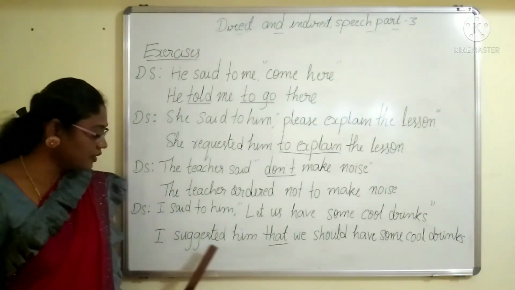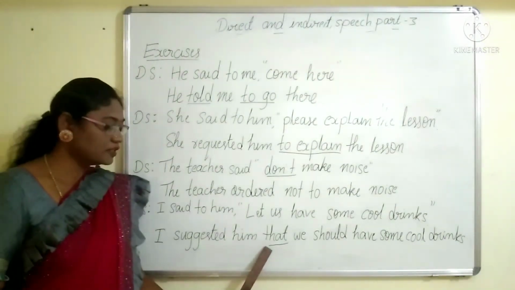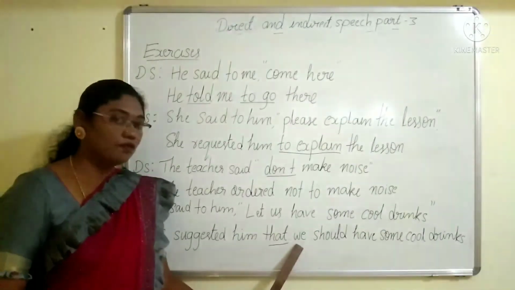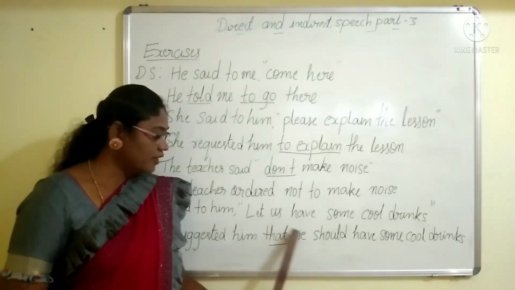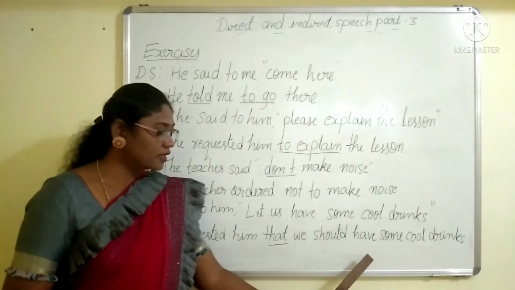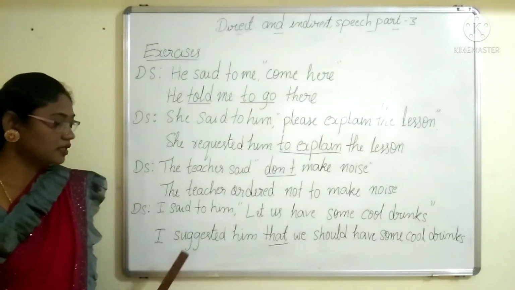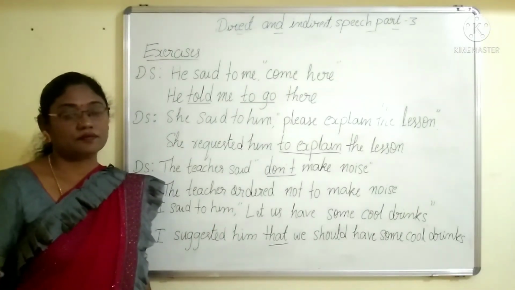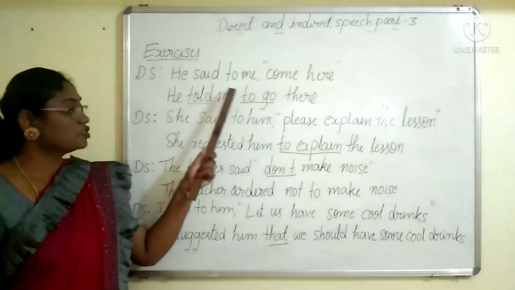Okay. So here the changing part is, I used suggested, then the joining word that is used. Then let's became we, and the word let is removed, and instead of let we have to use should. Then "have some cool drinks" is written as it is. So in this way we can change imperative sentences with let. So I hope you understood. See, this is an instruction.